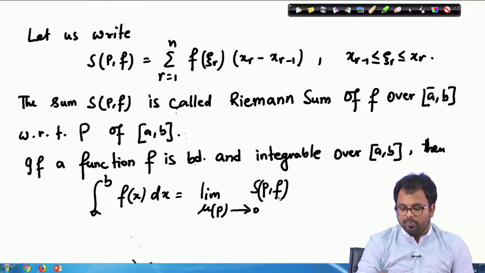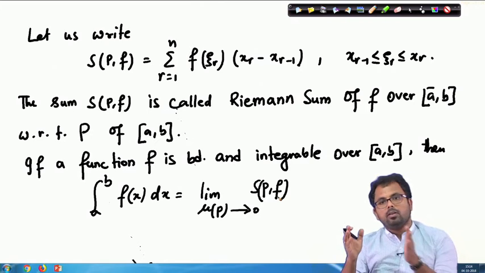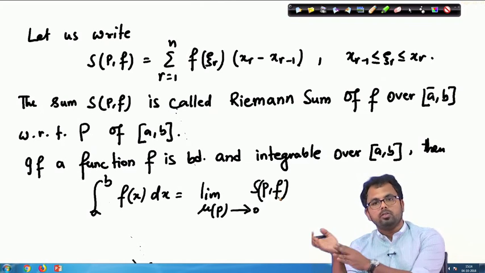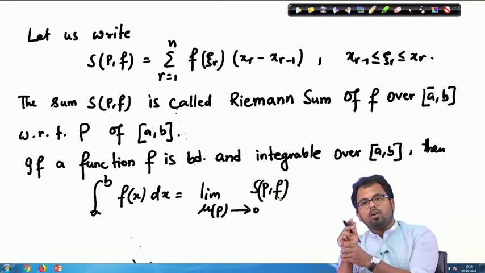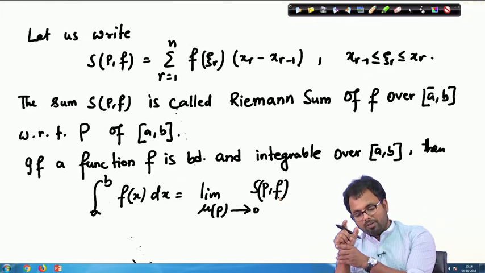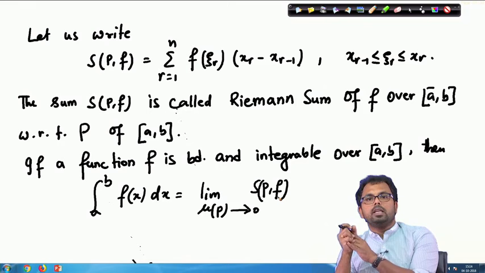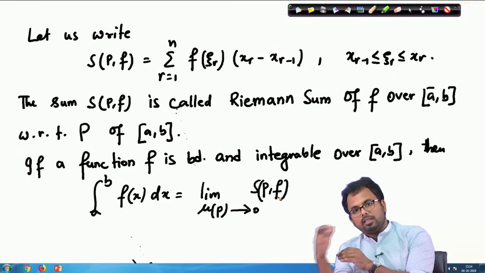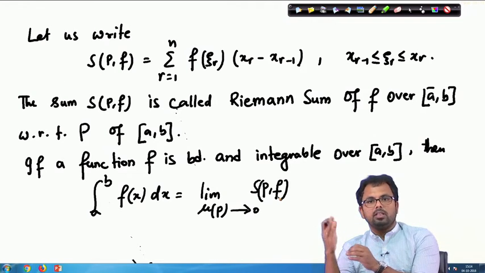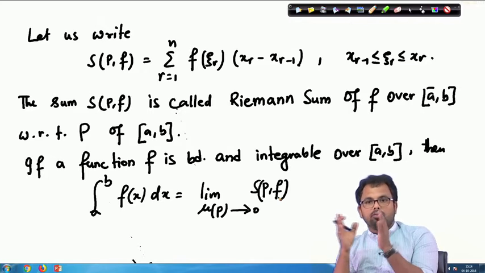So, if you make the norm of p go to 0, that means the length of those intervals is going to 0, that means you are actually taking the number of subintervals as really large.